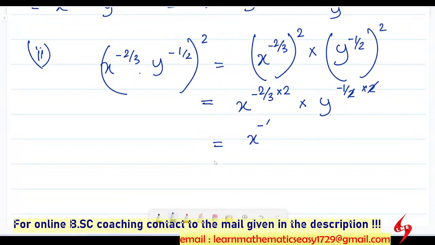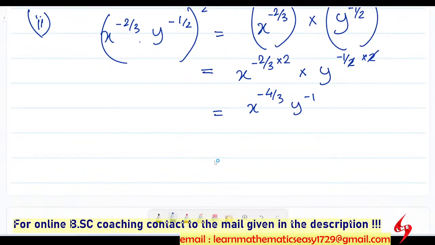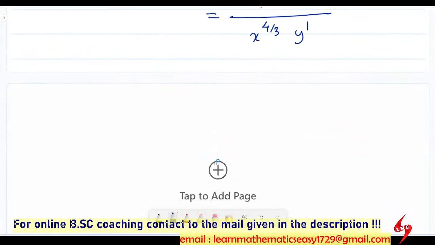So x to the power minus 4 by 3 and y to the power minus 1. So the answer will be 1 by x to the power 4 by 3 and y to the power 1, because the powers are negative here. Okay, this is my answer.